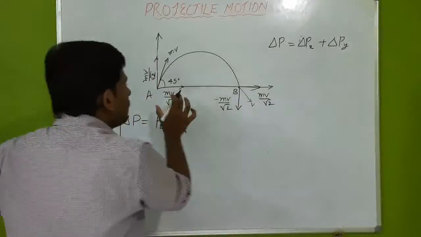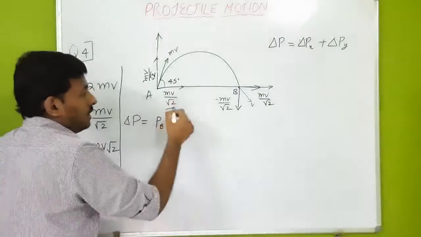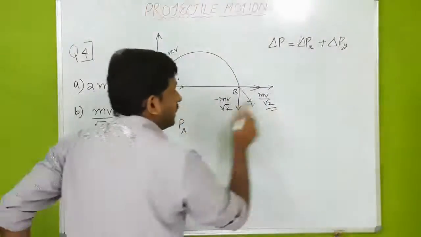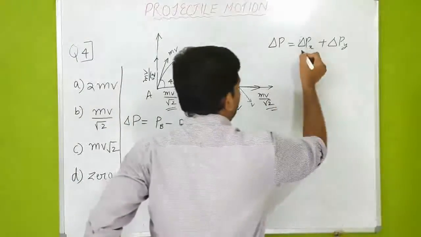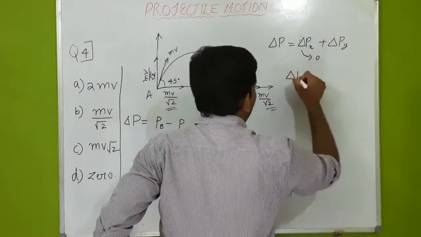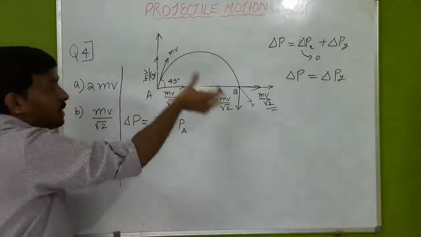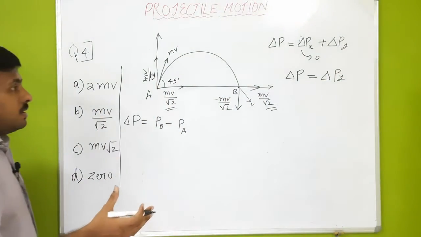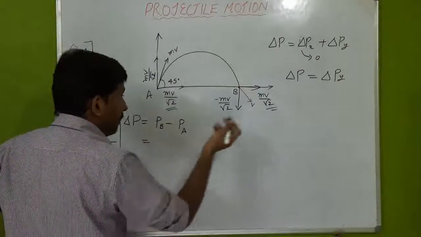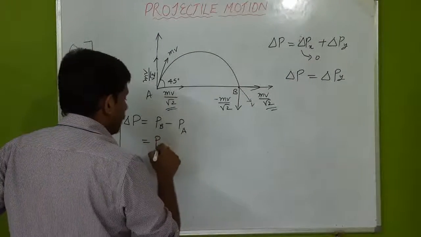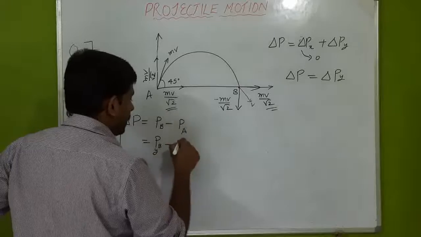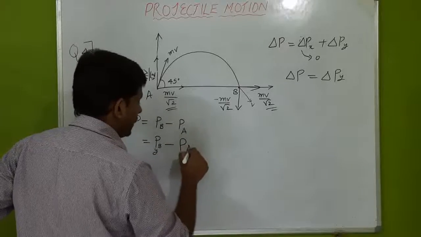But the change in momentum in the x direction is 0, because the x component of momentum remains the same. Therefore, delta Px will be equal to 0. And this delta P will be equal to delta Py, that is the change in momentum in the y direction. That is the y component of momentum at B minus the y component of momentum at A.